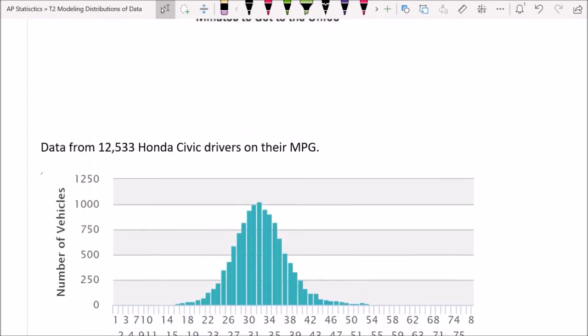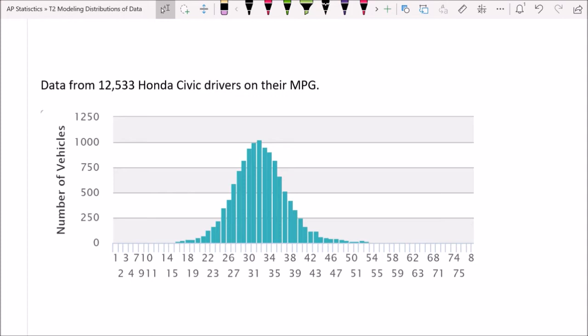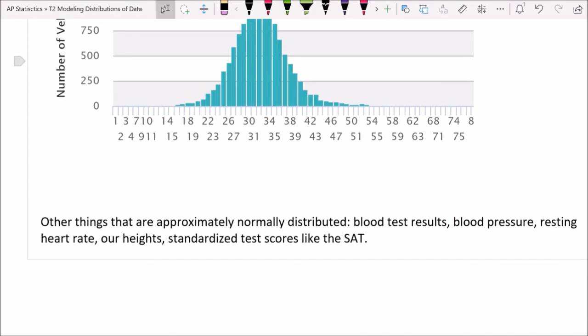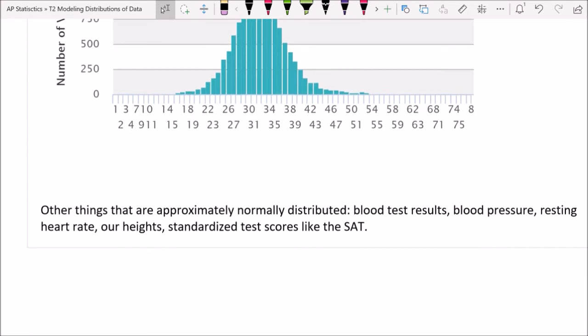In terms of things that are approximately normal, I just pulled this off of a website with 12,533 data points on Honda Civic from the drivers who drive them, and that appears to be approximately normal. Other things that are approximately normal: most blood test results, almost all of them, your blood pressure, resting heart rate, the height of human beings, standardized test scores like the SAT.